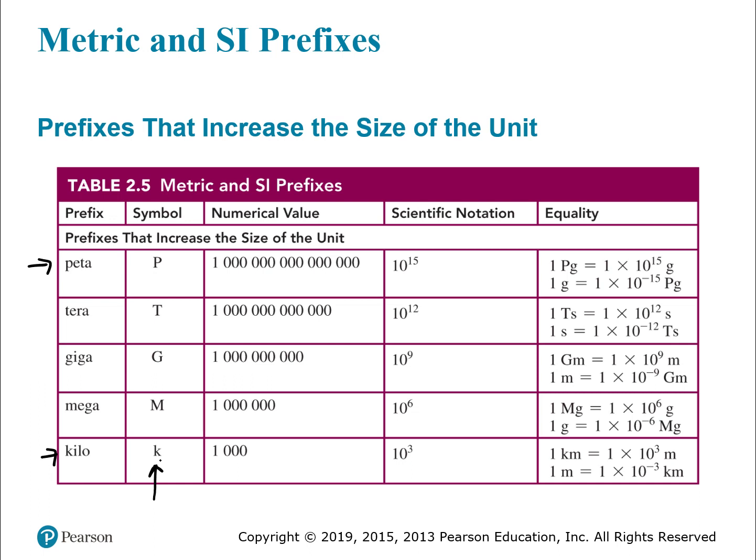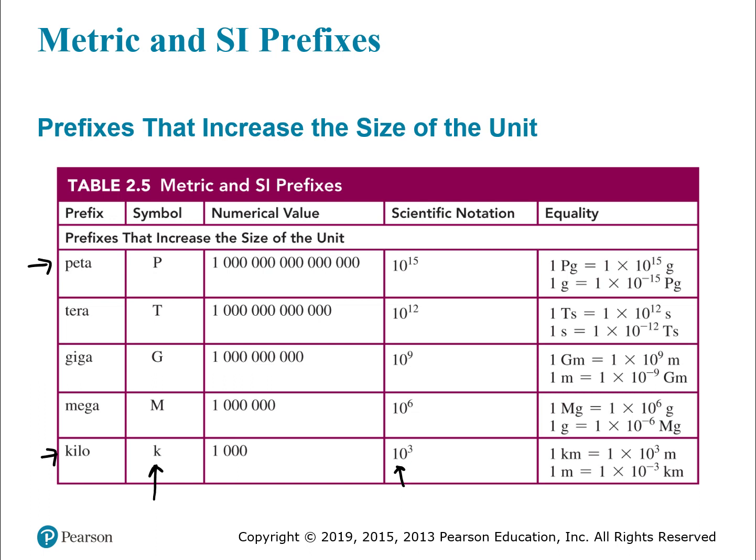The next column is the symbol. So if you wanted to write something as a kilogram, you would put a k, which is the symbol for kilo, and then a little g, which is the symbol for gram, and that's a kilogram. Its numerical value is 1,000, and in scientific notation, it's 10 to the third.